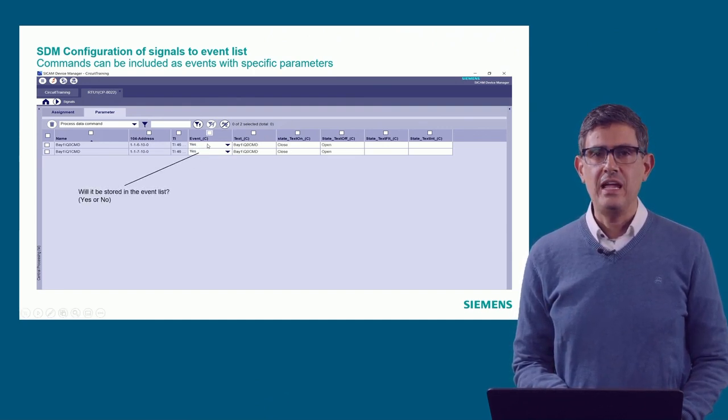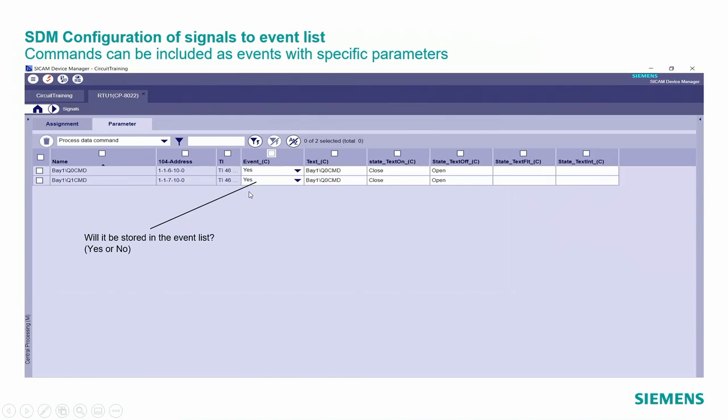In the column event, you define if this signal is going to be stored in the event list, yes or no. In the text column, you define an additional text that will be included in the exporting of the signal, of the command.